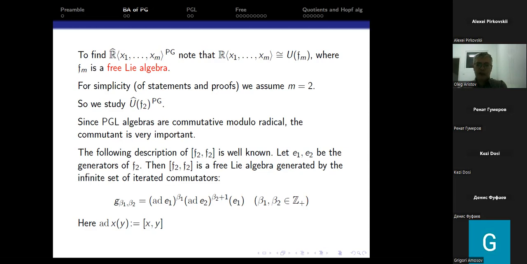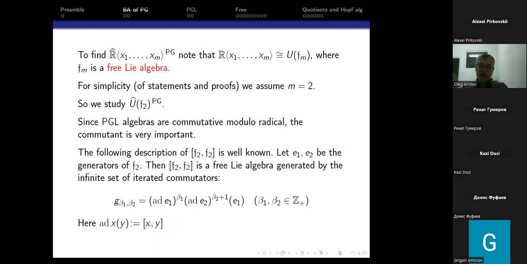And we know that since PGL algebras are commutative modulo radical, it is very important to look at its commutant. We begin with the commutant of the free Lie algebra. It is well known from the theory of Lie algebras that the commutant of a free Lie algebra is also a free Lie algebra, but now, in this case, with an infinite set of generators.